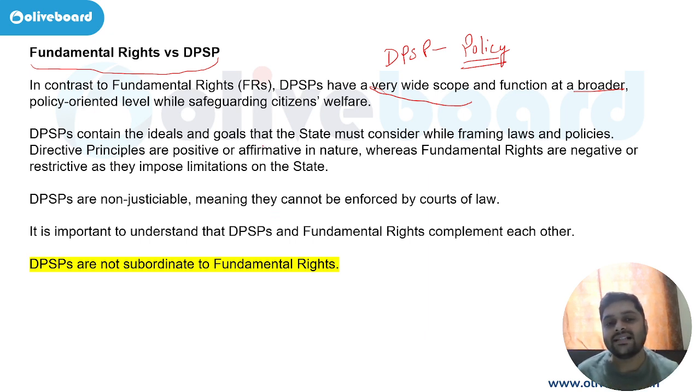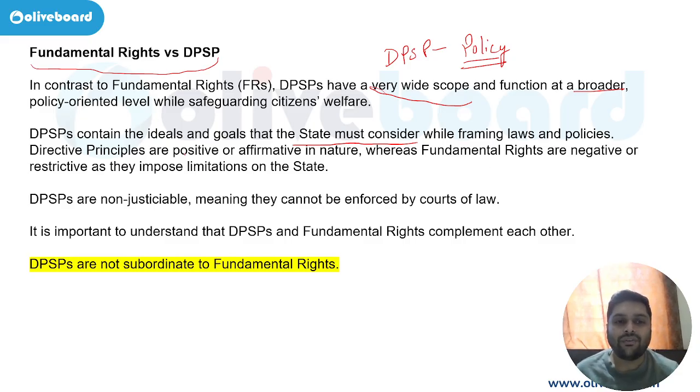DPSPs contain the ideals and goals of the state that the state must consider. So these are some of the directive principles which the state will consider while making a new law or a new policy or a new strategy. Whenever they are bringing a new scheme or new policy, they should keep these things in their mind.